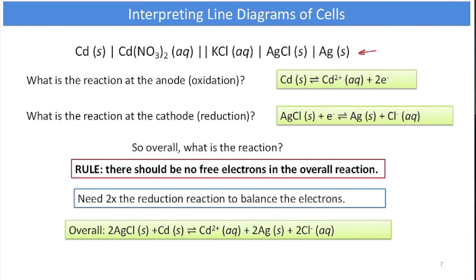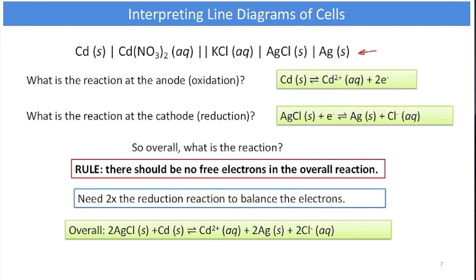The cathode reaction is always the reduction reaction. When you're writing out an oxidation or reduction reaction, it's important where the electrons go. Oxidation means a loss of electrons, which means that you would have electrons as a product. Reduction means the gain of electrons, so you'd have electrons on the reactant side of the reaction.